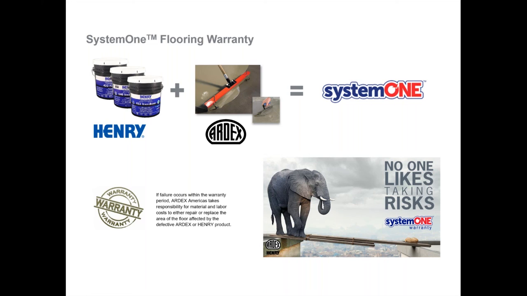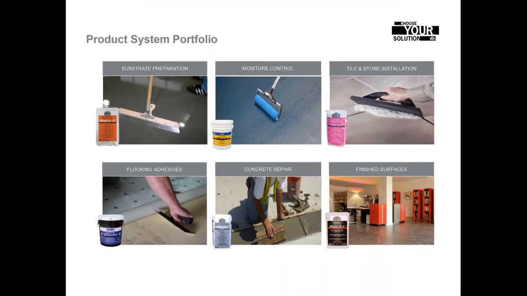You have some adhesives and some leveling products as a system where you get a 20-year warranty. We also have a full line of setting and tiling installation products that are part of System 1 too, that actually some of them go up to 25-year warranties, doing leveling products and setting materials and grouts as a system warranty.